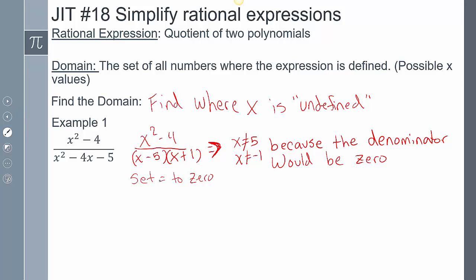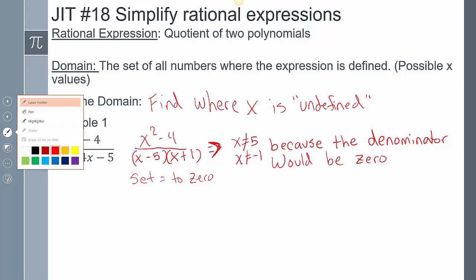Now if I set my denominator equal to 0, one of the tools that we have to be able to find those values is going to be factoring, and so that's what I did here. If I took this and I factored it into this statement using that little x method and the factor by grouping, I set each of these factors not equal to 0, and I'll write that out for you.